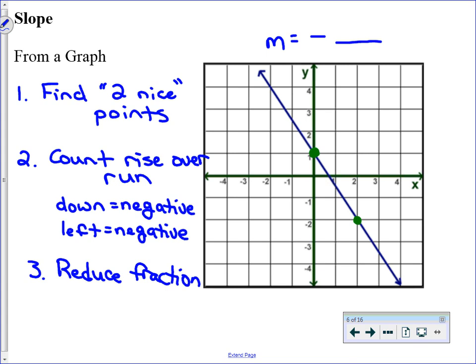So in this case, we're counting our rise over run. We go 1, 2, 3. Our rise in this case was 3. Our run, our sideways was 1, 2. So we know for our final answer, we are going to have a negative 3 over 2, our negative rise over our run for our final answer, finding slope from a graph.